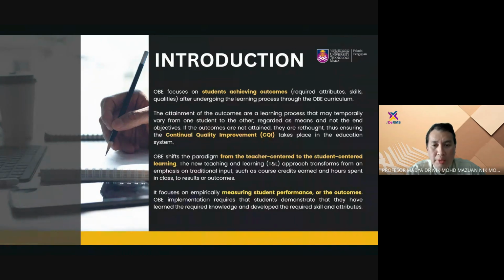These outcomes are set into certain criteria whereby we follow three domains, which are the cognitive, psychomotor, and affective. This is the pillar of OBE. When we set the outcome, to achieve the outcome, we need to align the outcome with the assessment, the learning materials, and the teaching methods.